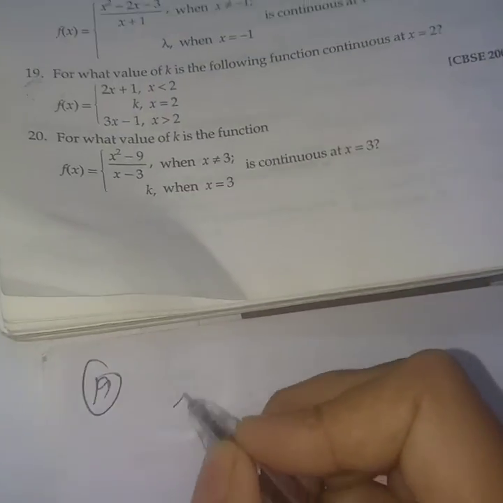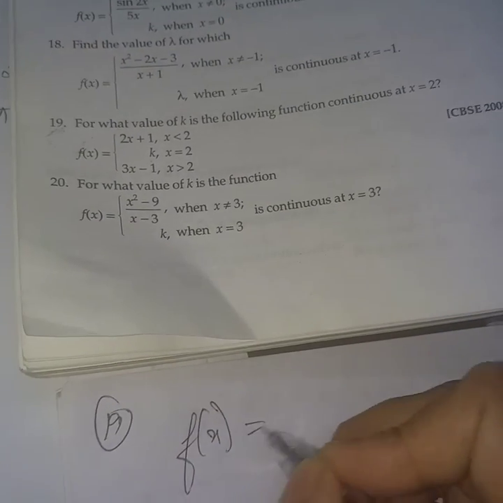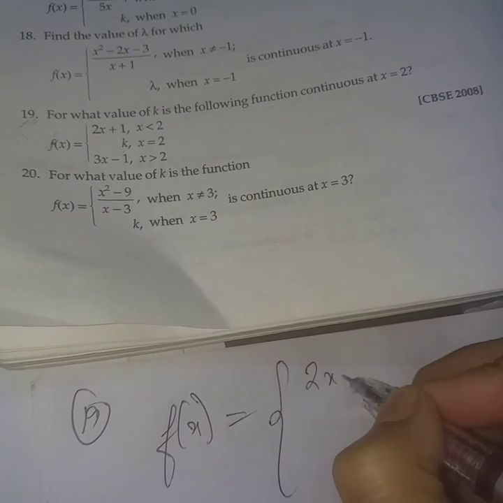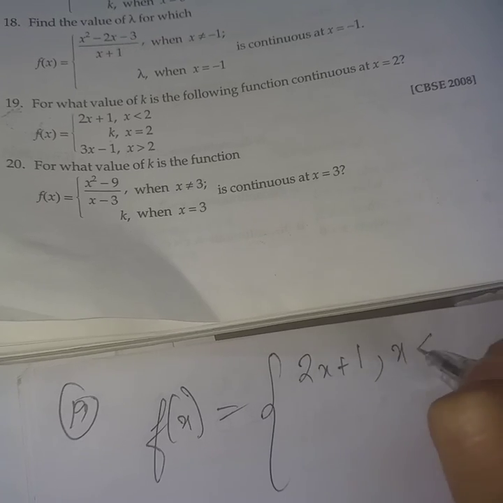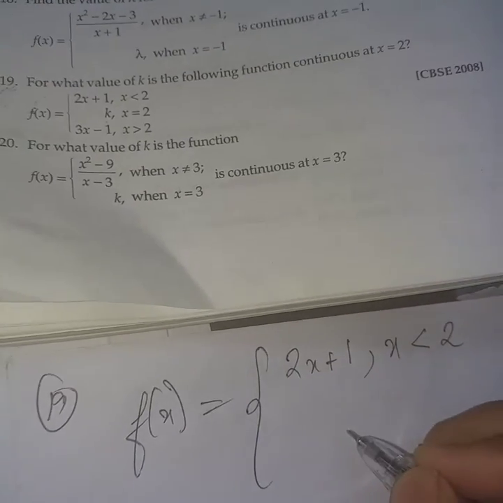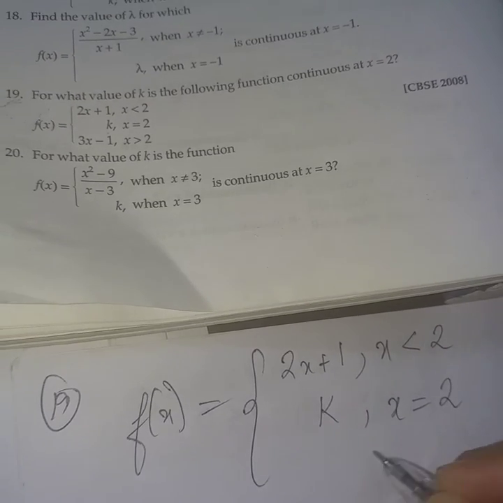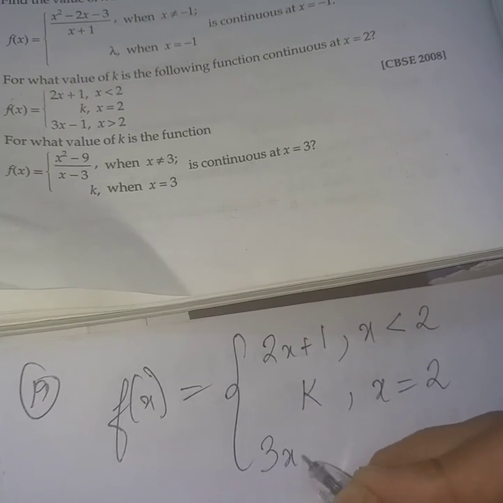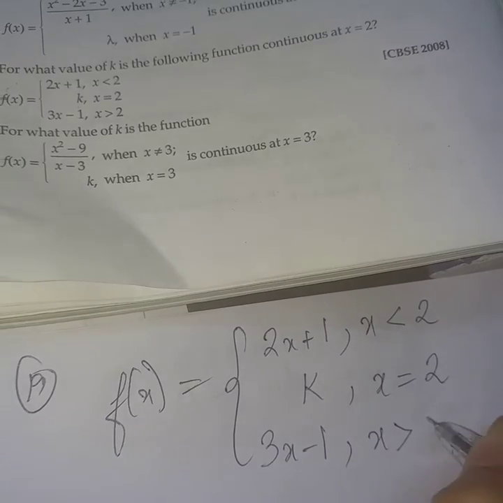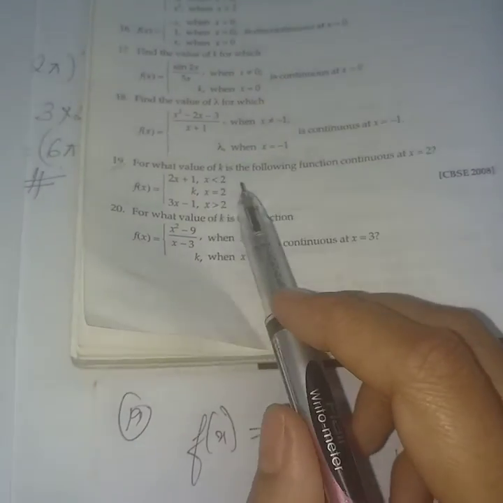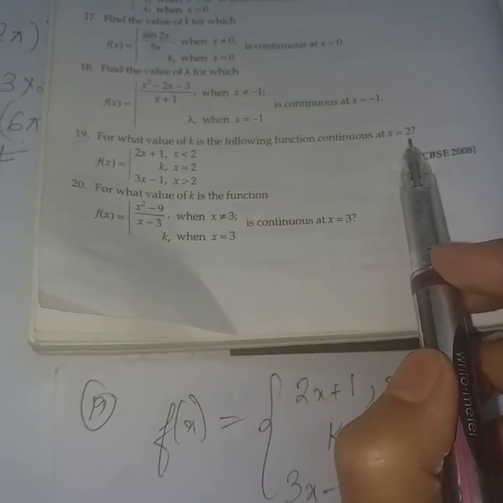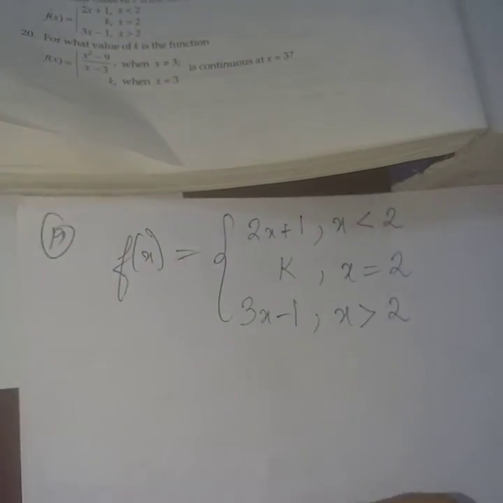Let's write the function. f(x) is 2x plus 1 when x is less than 2. It is equal to k when x is 2, and 3x minus 1 when x is greater than 2. So if the function is continuous at x equal to 2, what must be the value of k?